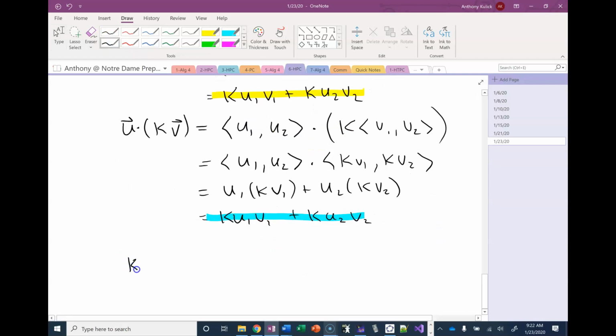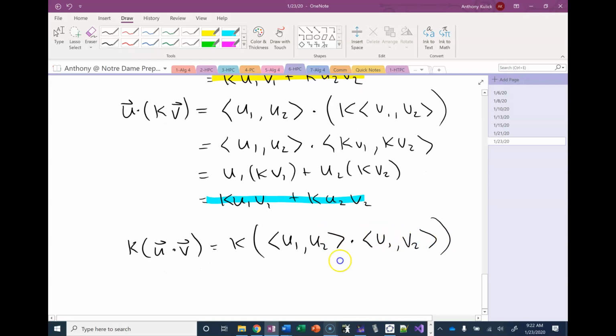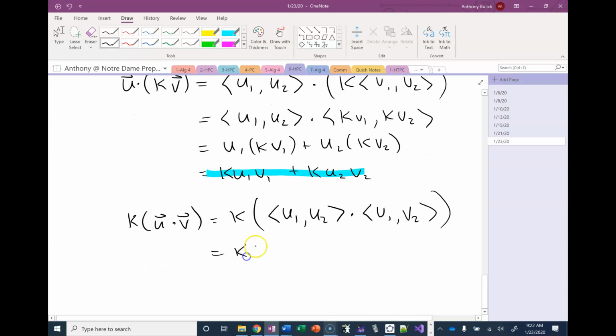There's one more equality to do, though. And just like before, I'm going to start by rewriting things into their component form. This time the parentheses indicate I should do the dot product first.